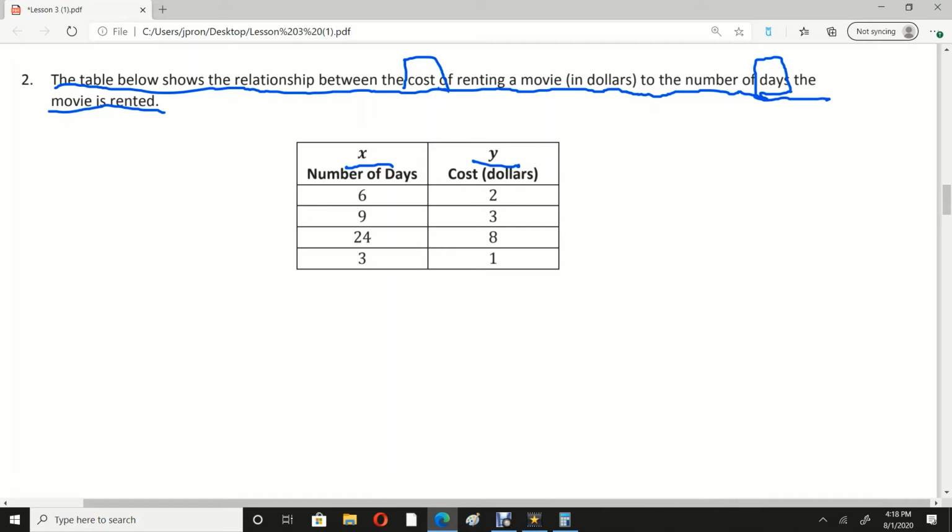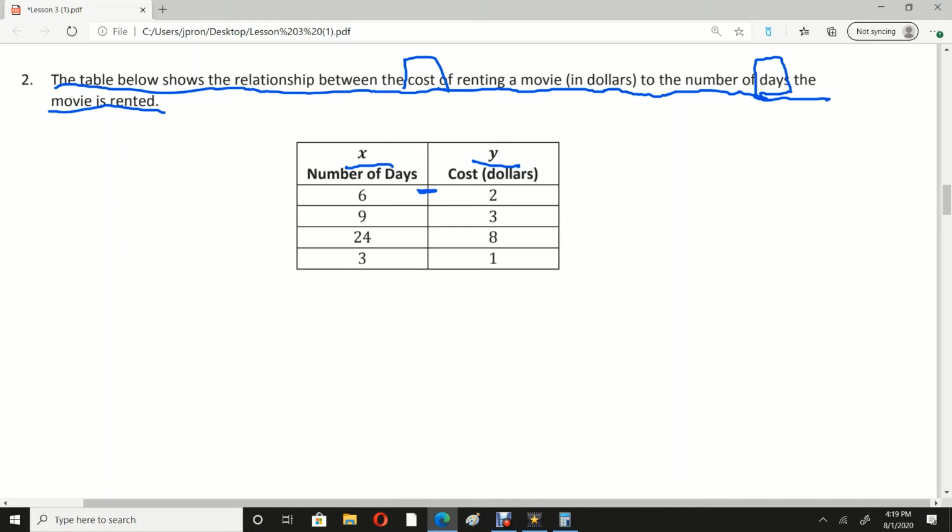So again, we can determine our unit rate. Now, whenever you're searching for the unit rate, we talked about this in lesson 1, or lesson 2, I should say, how it doesn't matter which way you divide. Let's just say in this example, we divide the total number of days by the cost in dollars. So we divide 6 divided by 2.